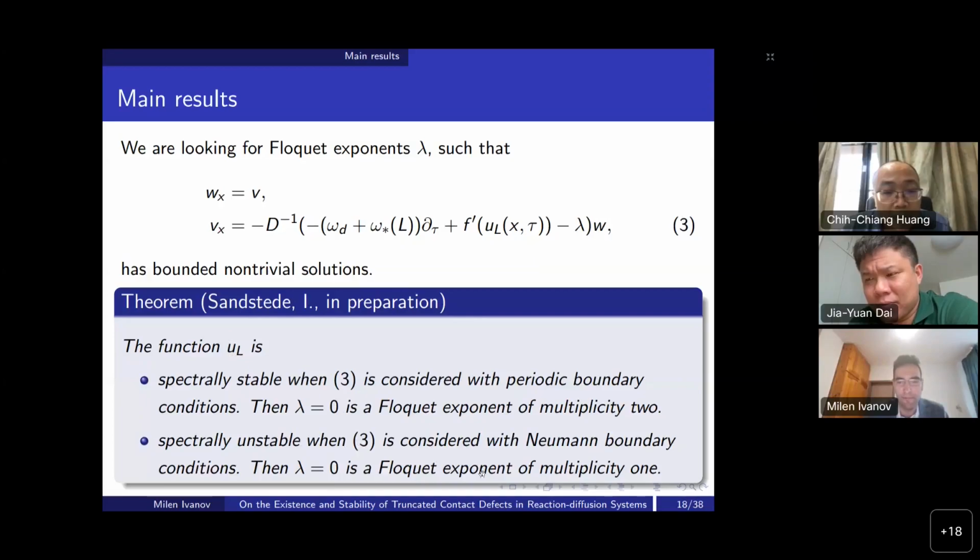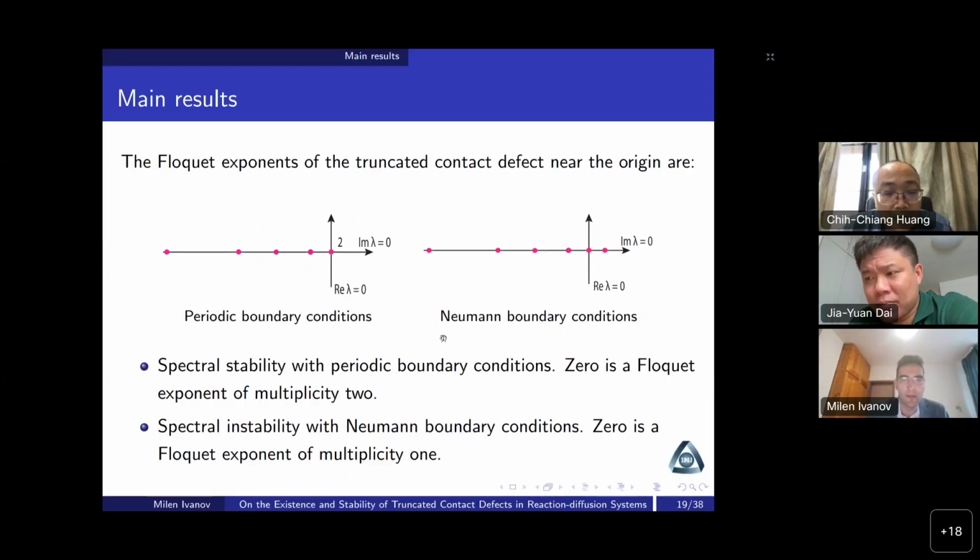Then 0 is a Floquet exponent of multiplicity 1. If I just drew a picture of how the spectra near 0 look, then when I have periodic boundary conditions, I have a double zero, but when I have Neumann boundary conditions, I have a single 0 and one which goes to the right. So this one is unstable.